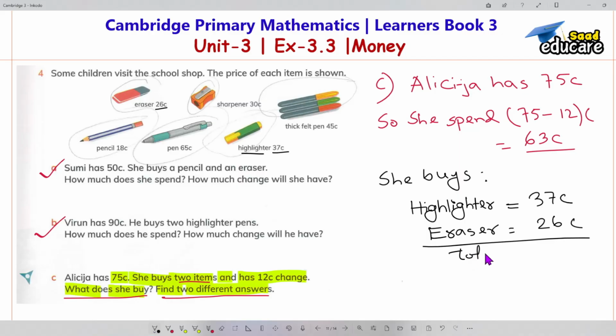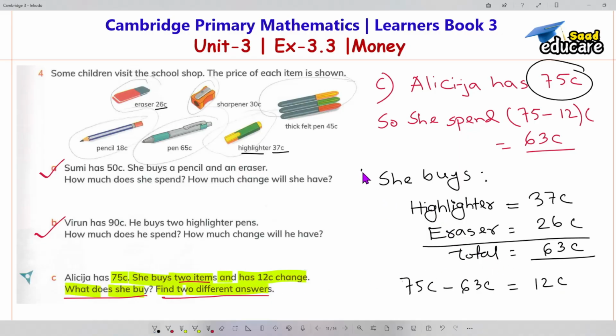Total 63 cent, right? So if she buys 1 highlighter and 1 eraser, she will spend 63 cent. She has 75 cent. So 75 cent minus 63 cent, the answer will be 12 cent, which was already mentioned, right? So this is the one answer.